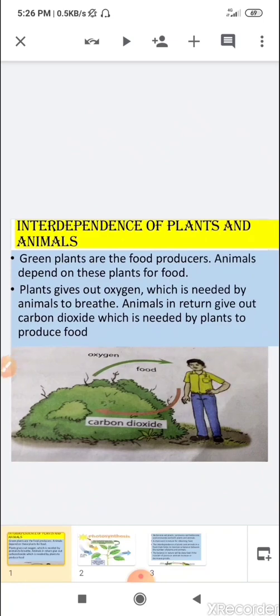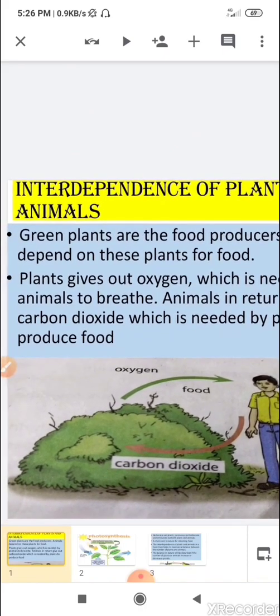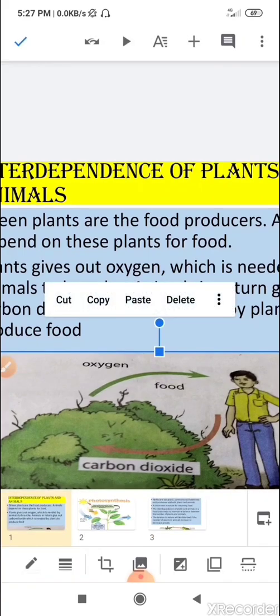So children, in the previous video you learned that green plants are the food producers. Okay children, can you tell me the process by which a green plant synthesizes or makes its food? Very good. The process is known as photosynthesis.